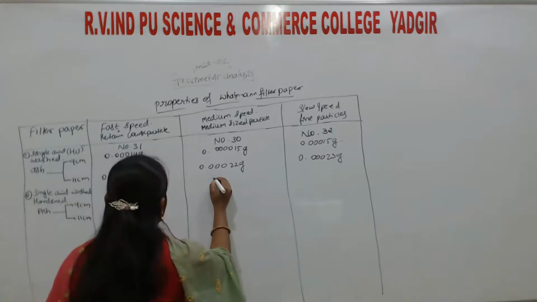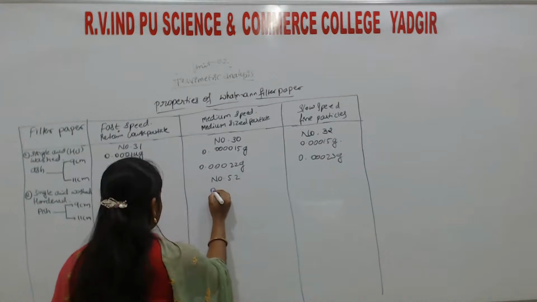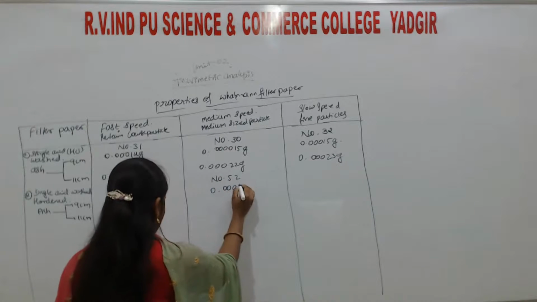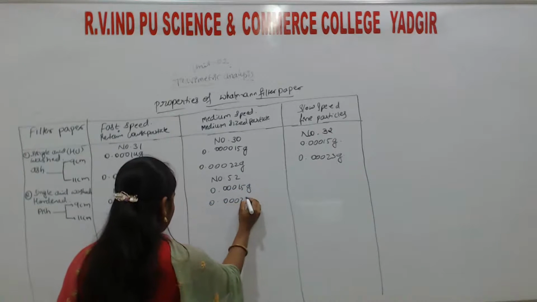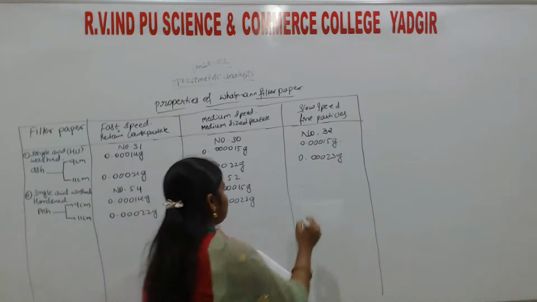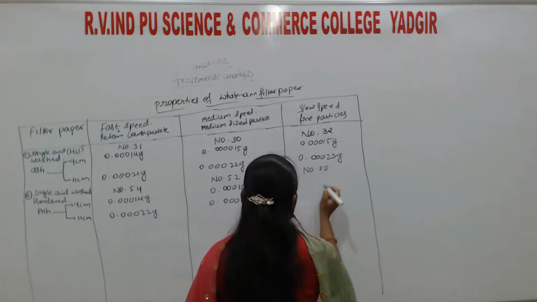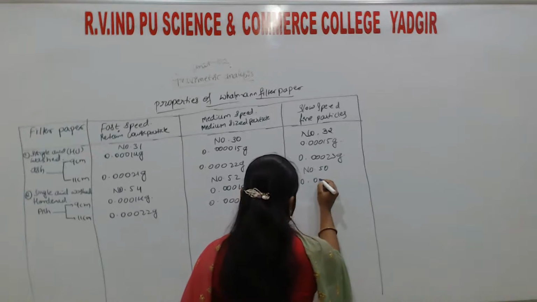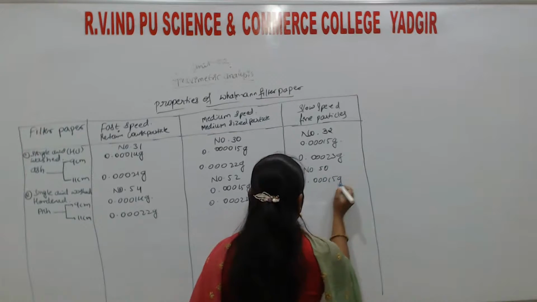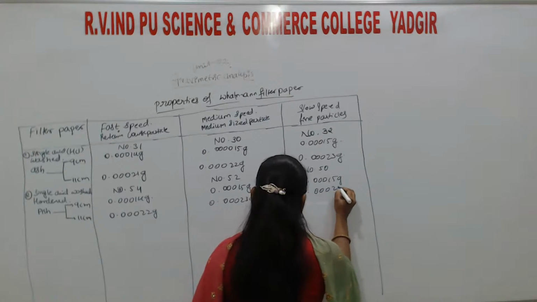Number 52 has weights of 0.00015 gram and 0.00023 gram. Number 50 has weights of 0.00015 gram and 0.00023 gram.